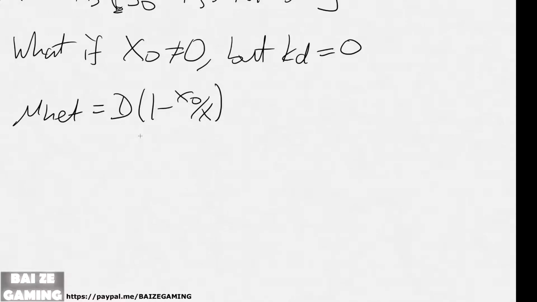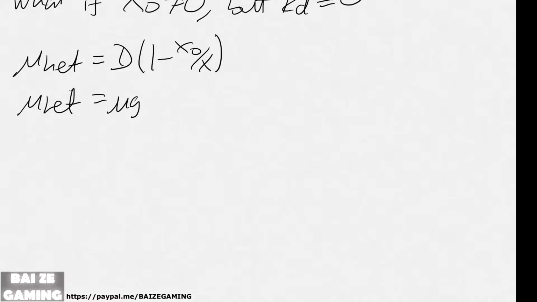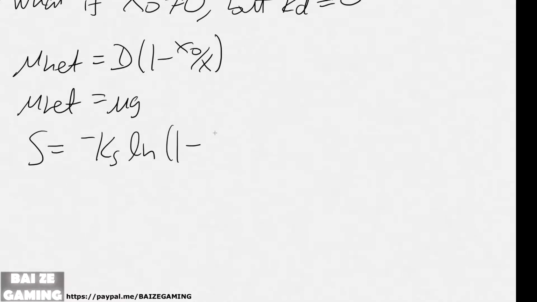And since KD is 0, mu net is just mu G. And actually we can just substitute that into the S equation. So let's do it. Substitute that in.